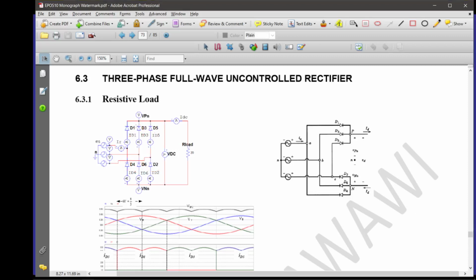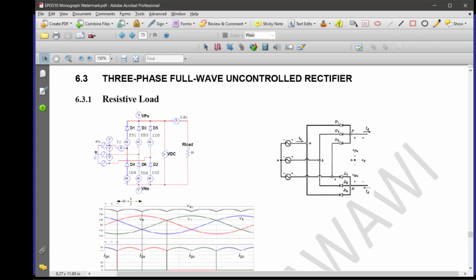The arrangement of the labeling here is to follow the circuit operation. So if you label differently, for example D1 here, D2 here, and then D3 here, when you look into the waveform later on, it will not be a nice sequence of the current commutation, the current operation.